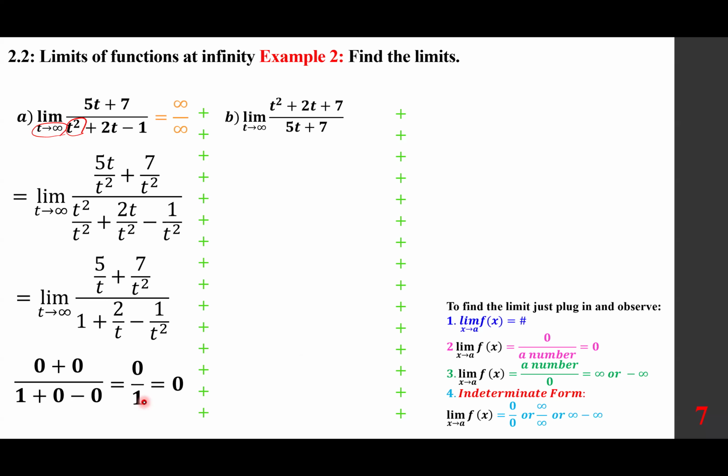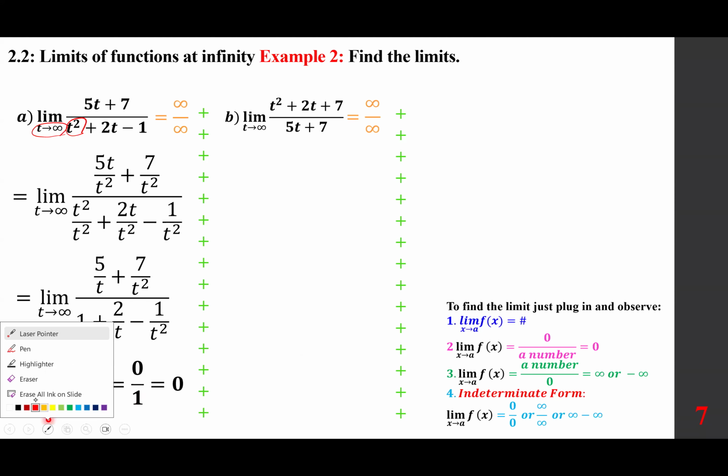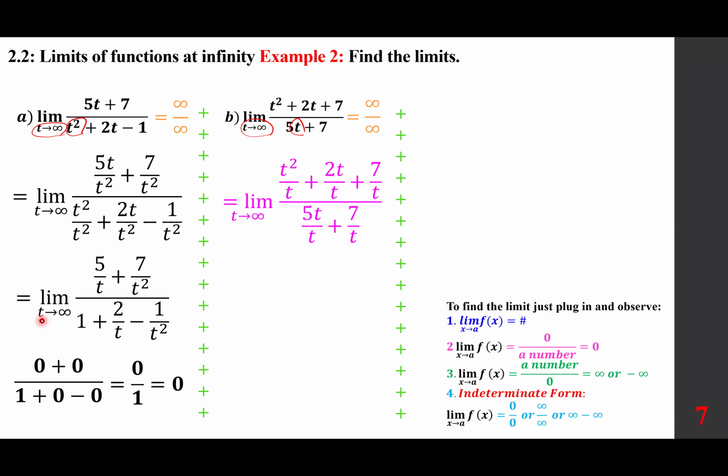In this case, again, if you plug in, you get infinity over infinity. Again, you're dealing with a rational expression. So what is the technique? The same technique that was mentioned. Since t is approaching infinity, you divide by highest degree term in the denominator, namely t, and you simplify.